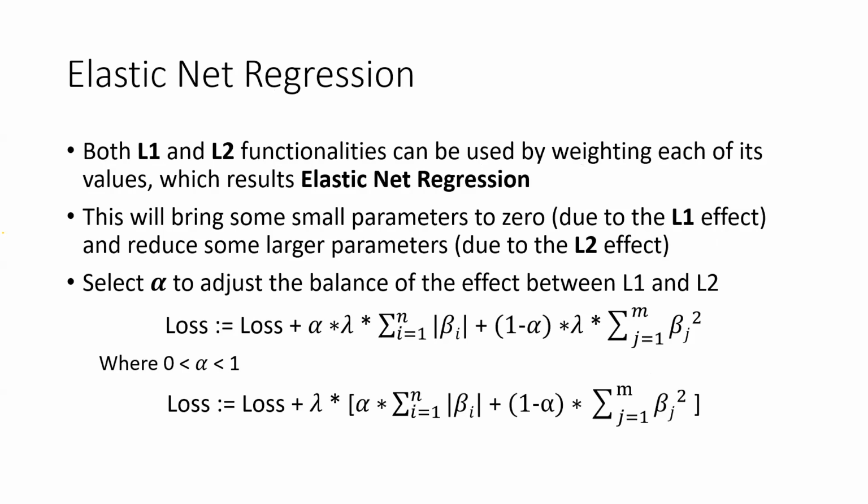There's another type of regression known as elastic net regression, which is a linear combination of both L1 and L2 regression.